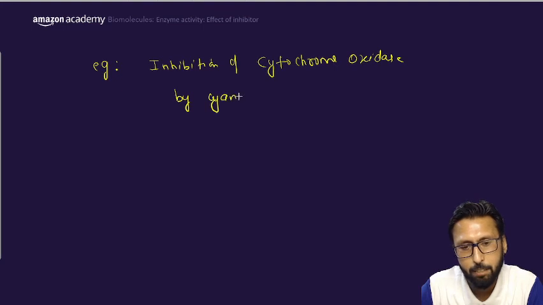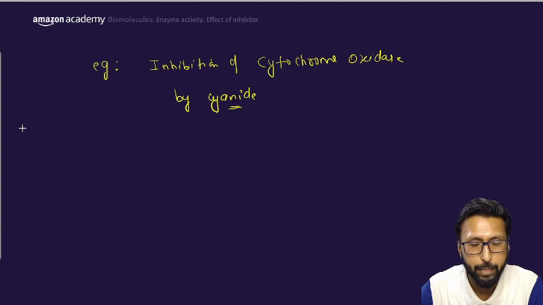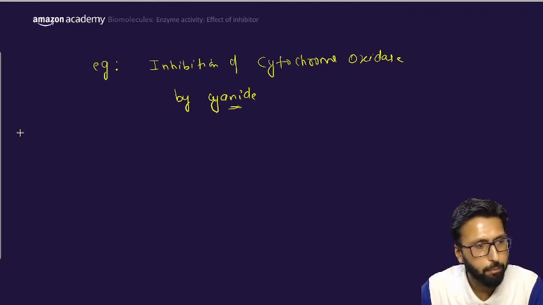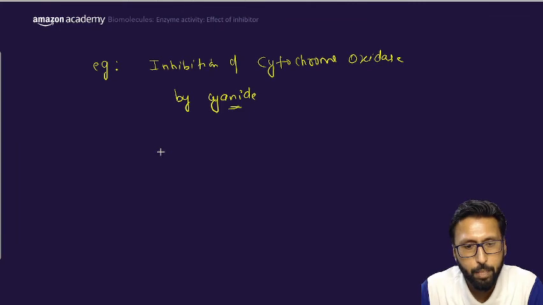When cyanide binds with cytochrome oxidase, it can no longer bind with its normal substrate and there will be disruption in the respiration mechanism and the patient is going to die because there will be no substrate, no product formation.